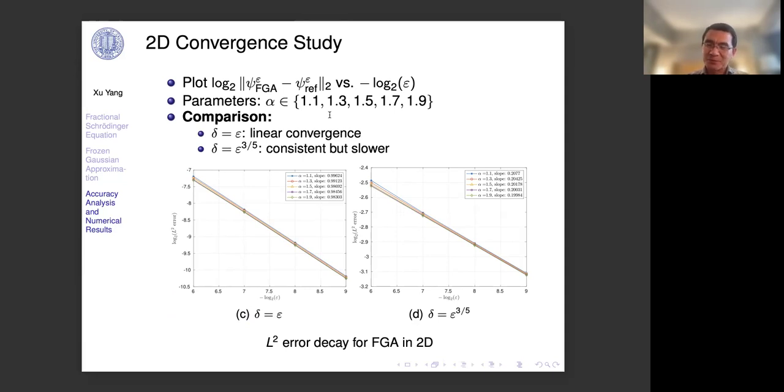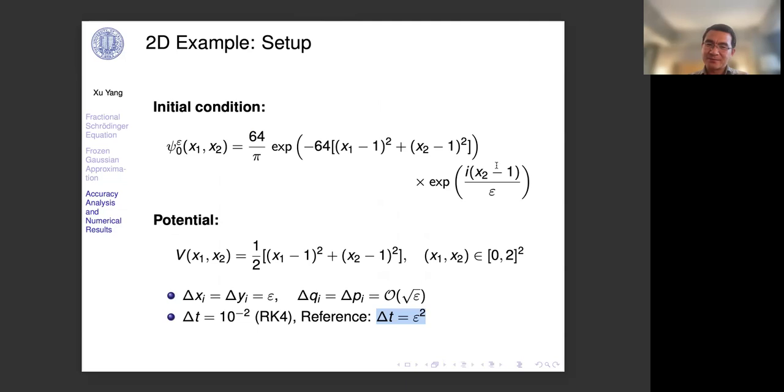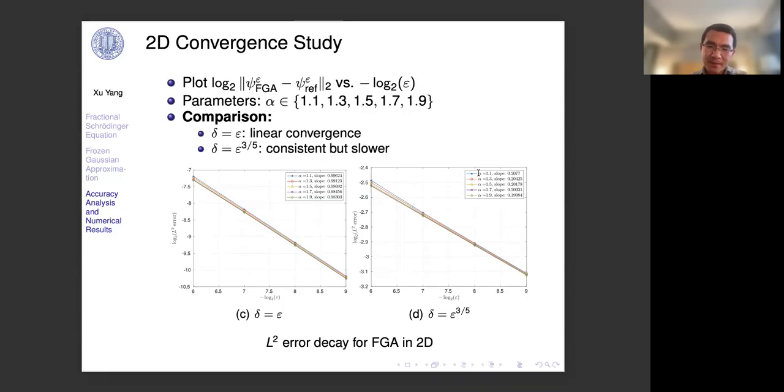And actually, it's one-way propagation in the 2D case: the initial velocity is in the x2 direction. We have consistent numerical results for 2D. So when you regularize more, you're going to have a slower convergence.